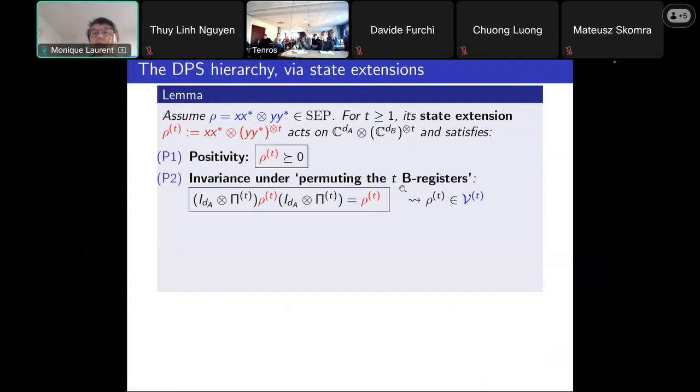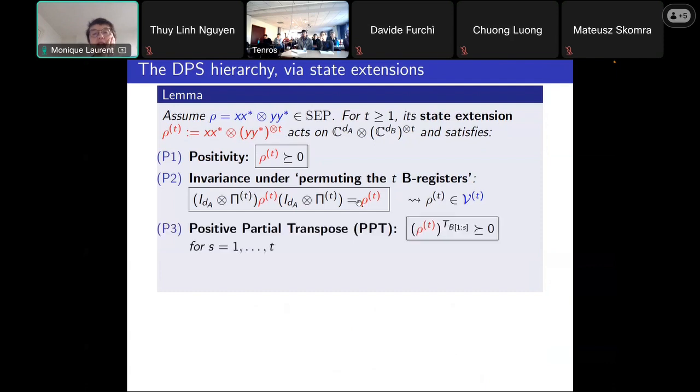It's a bit clumsy to say, but if you look at the shape of this rho t, you see indeed that the t last copies here you can permute them and you still get the same. So this is what this equation here is saying, that there is an invariance property under permuting the last t B registers. Let's not look at the details, just try to understand the overall picture.